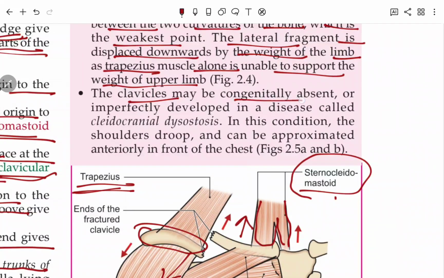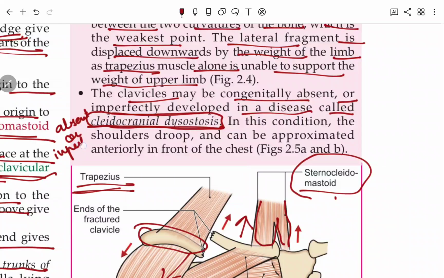The clavicles may be congenitally absent or imperfectly developed in a disease called cleidocranial dysostosis. Absent clavicle or imperfectly developed. In this condition, the shoulder droops and can be approximated anteriorly in the front.